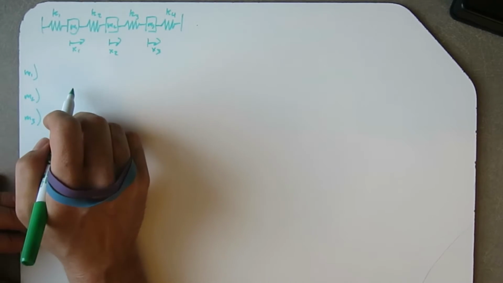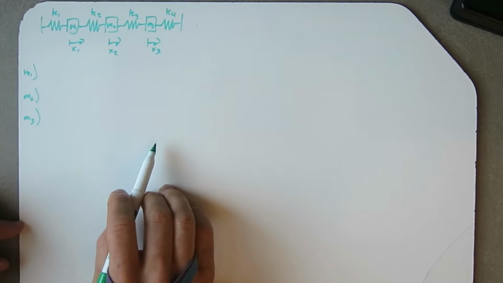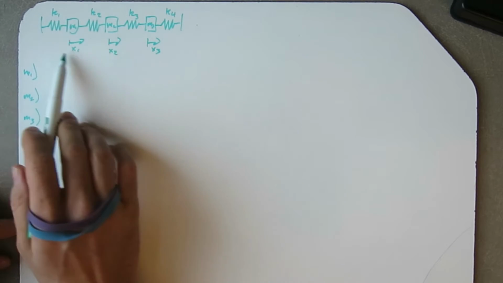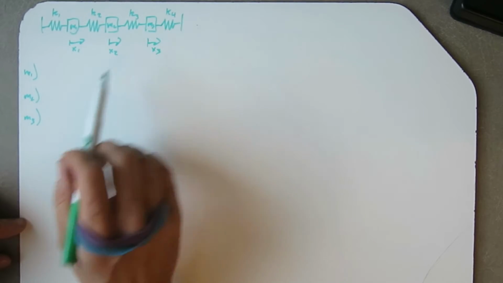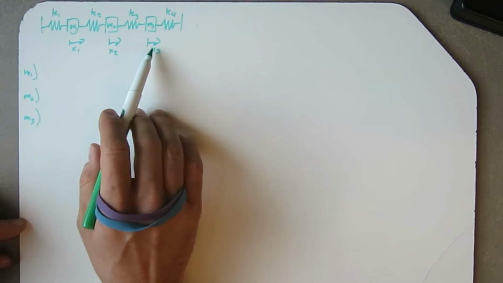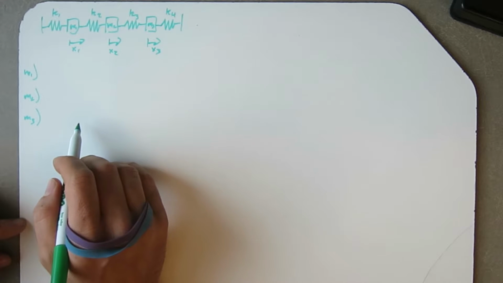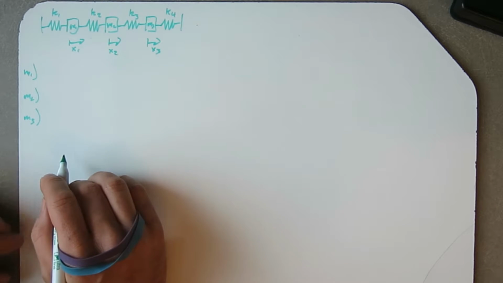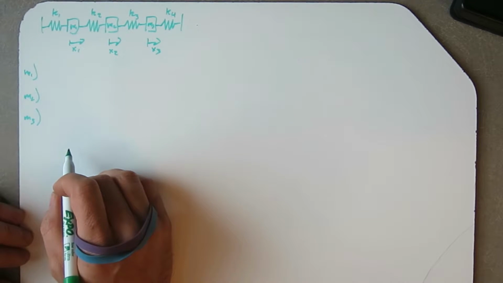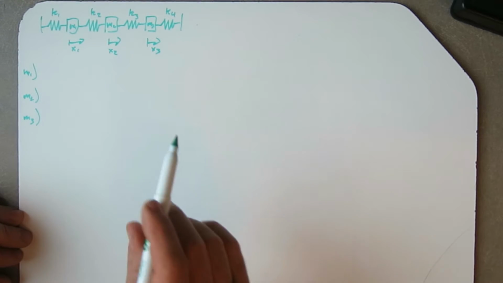All right, so once again, we will sum the forces on each of these given all the possible displacements. There's no external forces, and we'll set those equal to MA. I'm going to do it a little bit differently.